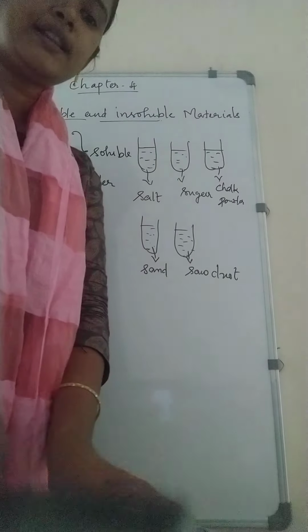Similarly, some gases are soluble in water, for example oxygen. That means oxygen is mixed in water. That is why all aquatic animals get oxygen through water for their respiration. Vinegar and lemon juice are the liquids that are soluble in water.